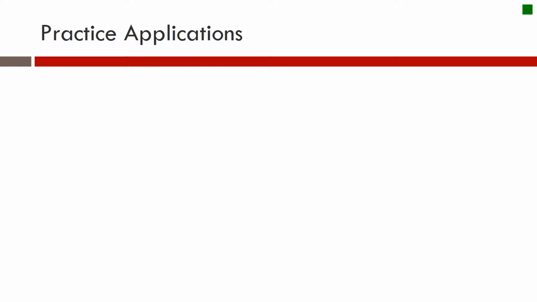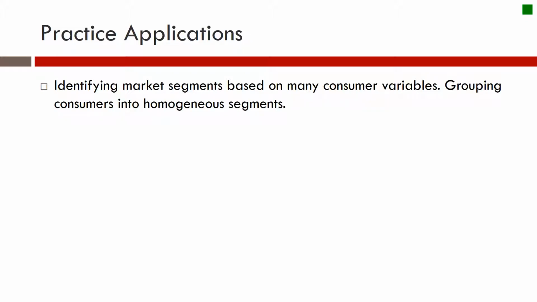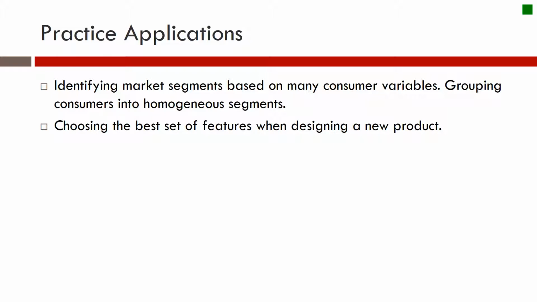So from a practical sense, in practice, we use multivariate analysis all over the place. When we're doing market segmenting, we absolutely want to split up our generic market into smaller homogeneous segments of consumers, and we use a lot of variables to determine whether a consumer is in one target market or maybe in another.